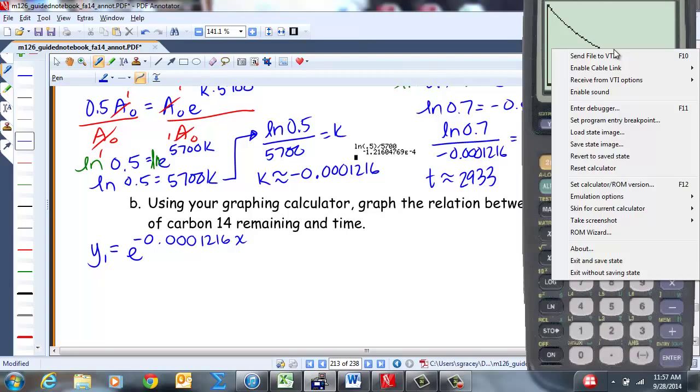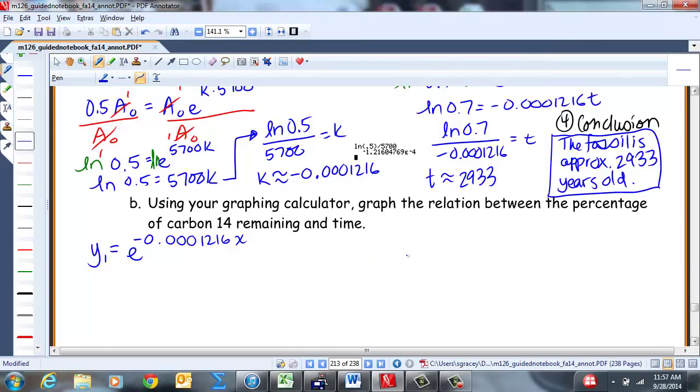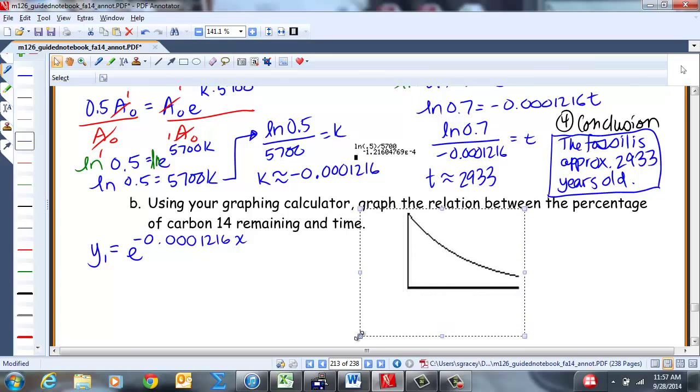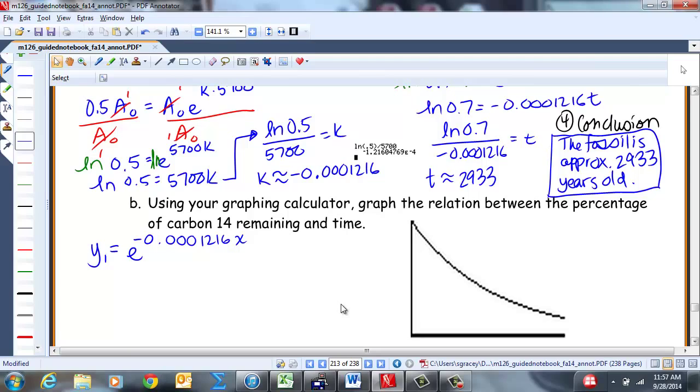Much better. Sorry about that. Okay, so we had done the y from 0 to 1, and then we went to 15,000 on the x.